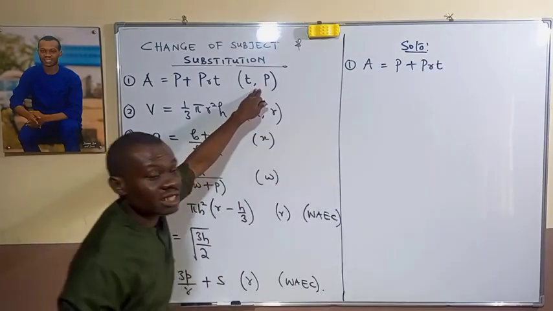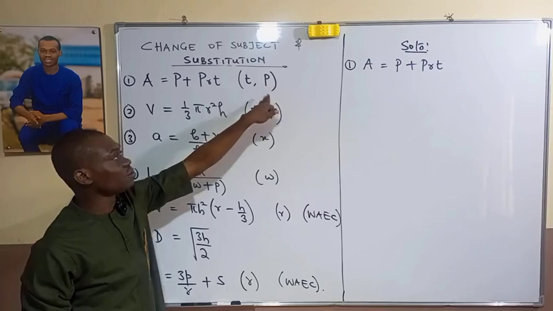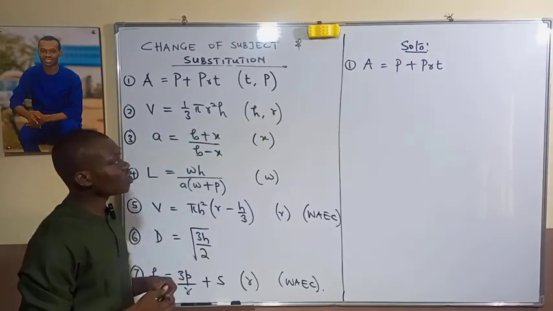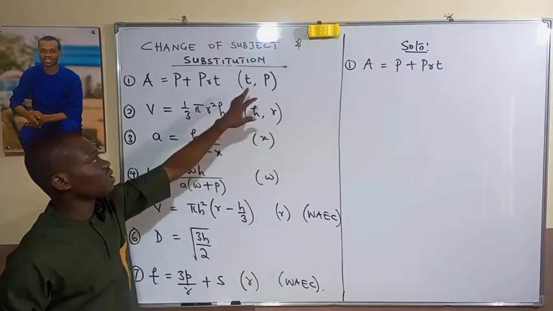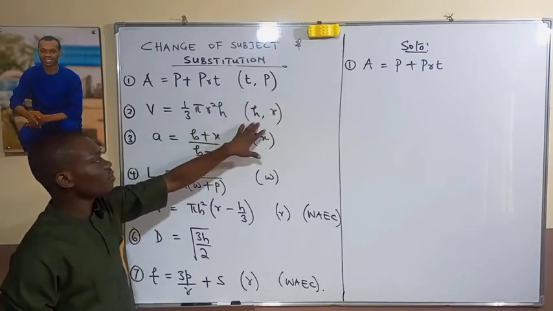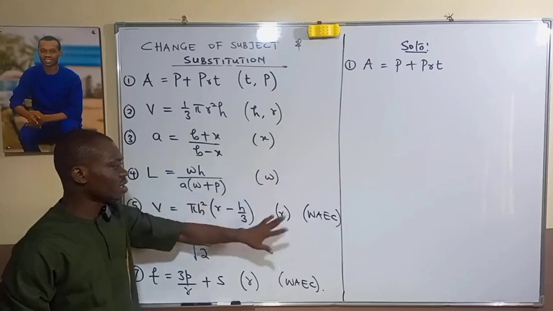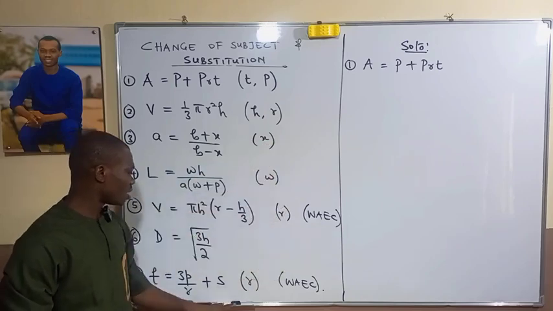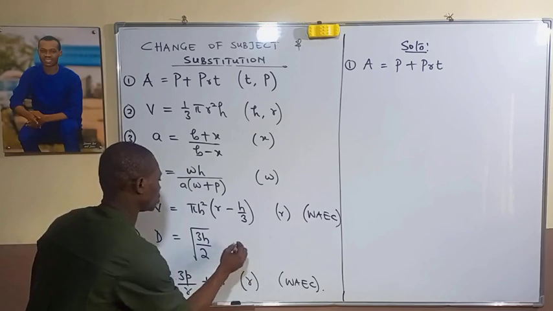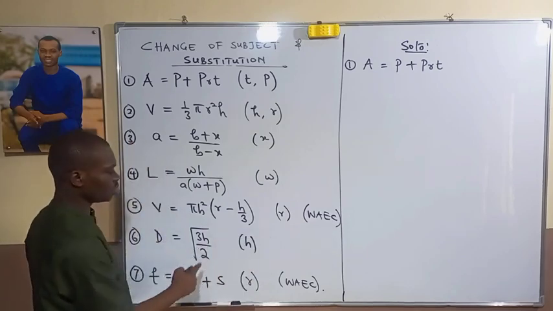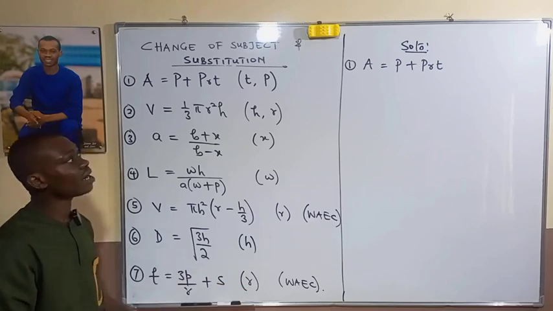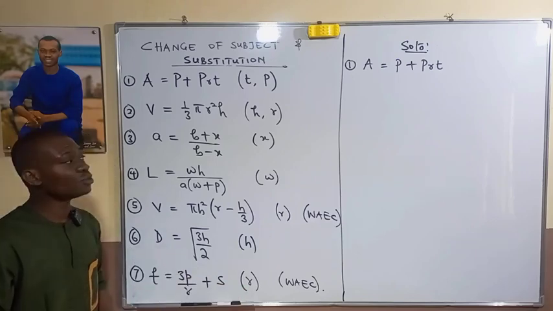The question is asking us to make each of the variables in the bracket the subject of the formula. So here we are to make T and P. Here we make H and R. Here X. Here W. Here R. Here is H, obviously, because H is the only variable here, and then here is R. So how do we go about it?